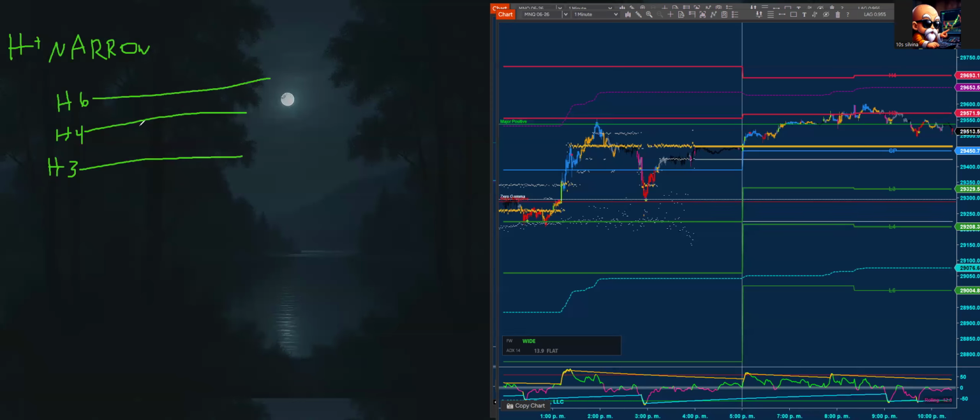How do the extensions work? The extensions work like this. Price is over here in no man's land between H4 and H3, but when the price breaks H4, this one is the extension. Normally, it tries to find H5. H5 is the playbook, but sometimes it continues to H6.